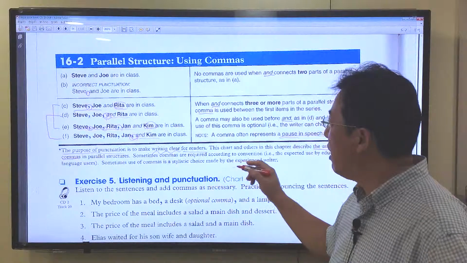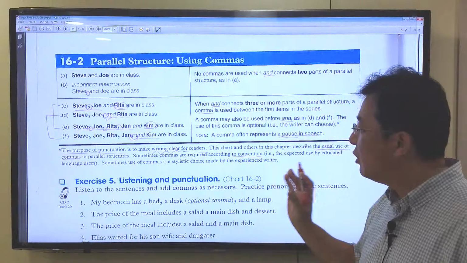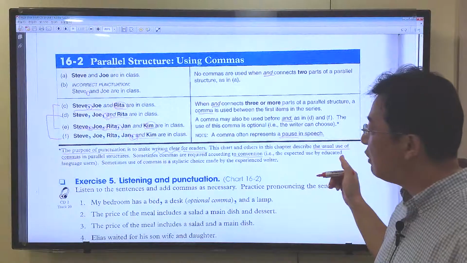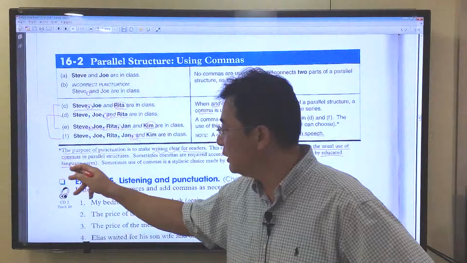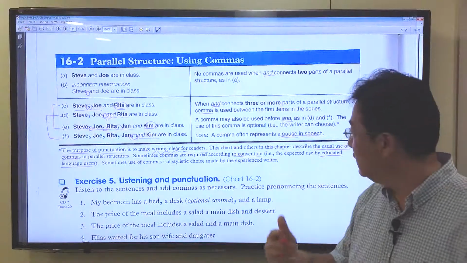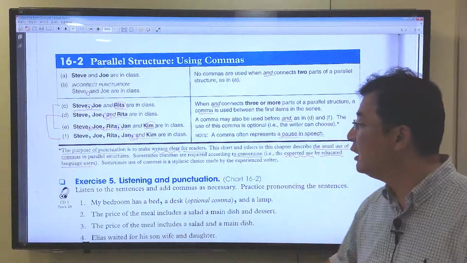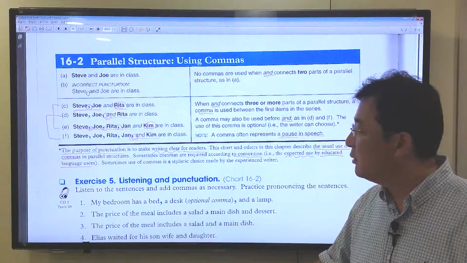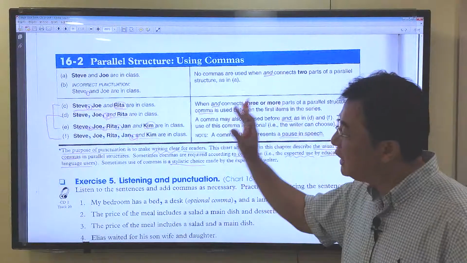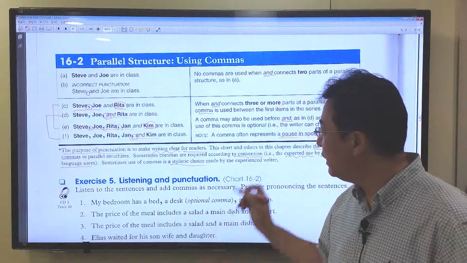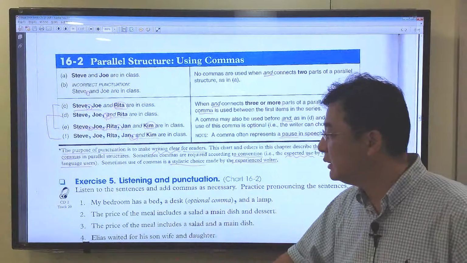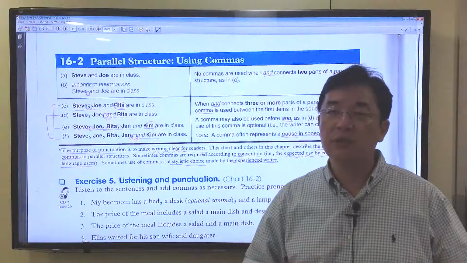Sometimes commas are required according to convention, which is the expected use by educated language users, meaning native English speakers who are educated and learned, whose expected use of punctuation applies. Sometimes the use of commas is a stylistic choice made by the experienced writer, someone fluent in writing, a good writer.